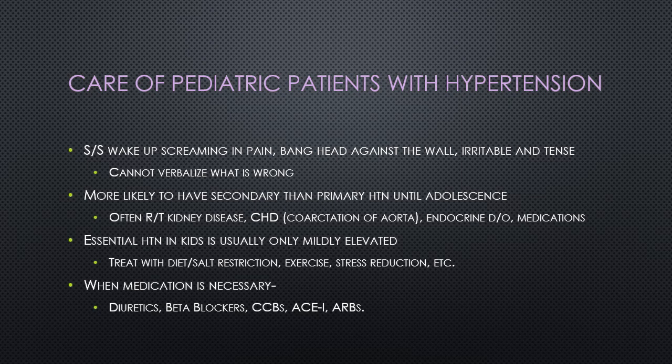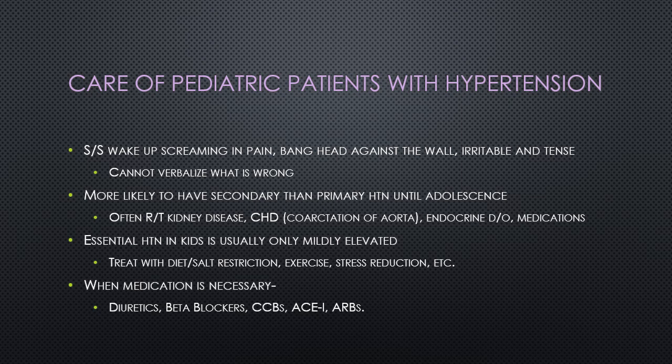So essential hypertension or primary hypertension in kids is usually only mildly elevated. We don't usually see hypertensive crises. So we treat with diet modification, salt restriction, exercise, stress reduction. And remember that the education can't just happen for the child. It also needs to happen for the adults or the care providers because most kids, especially if we're seeing this in kids that are 8, 9, or 10 years old, they're not grocery shopping for themselves.